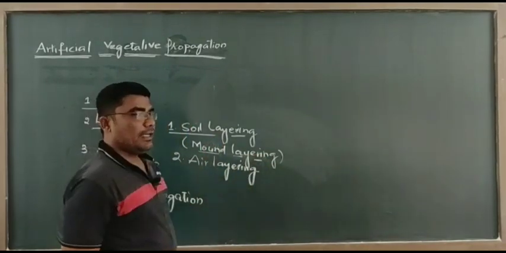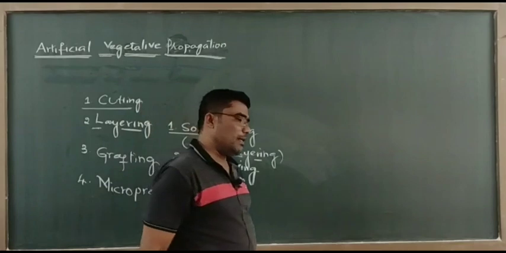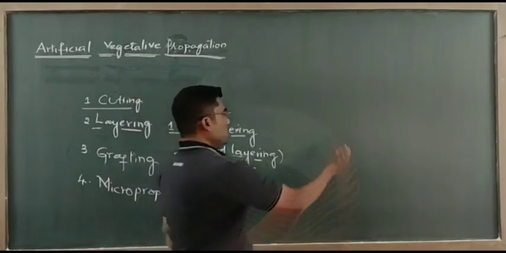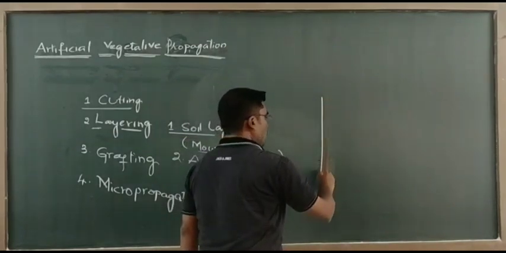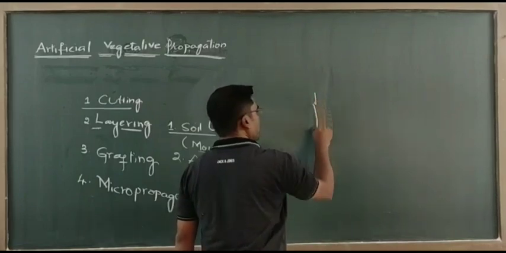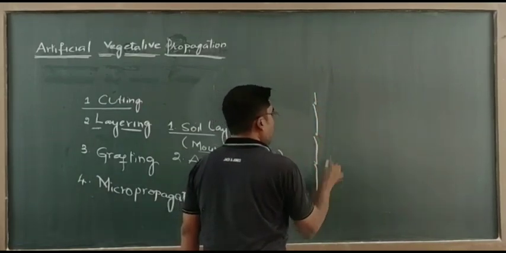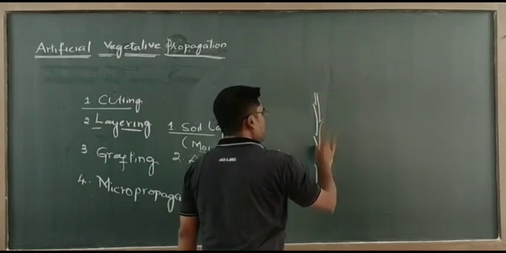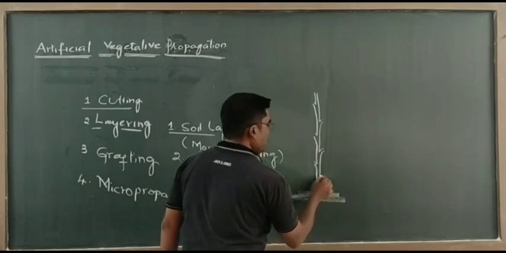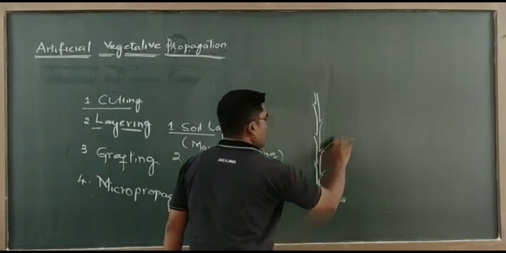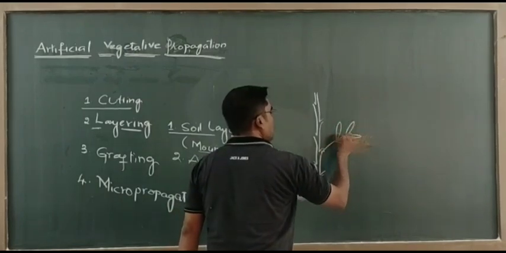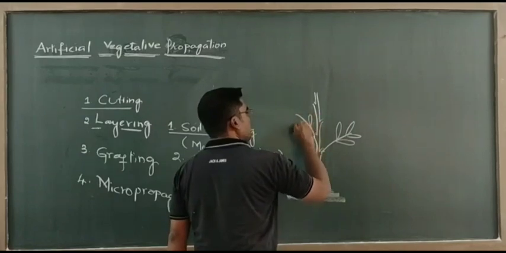Commonly, this soil layering is performed in herbaceous plants which have flexible lateral branches. Just consider, here we have one herbaceous plant. This is the ground level. And here these are the branches which produce the leaves, upper lateral branches.